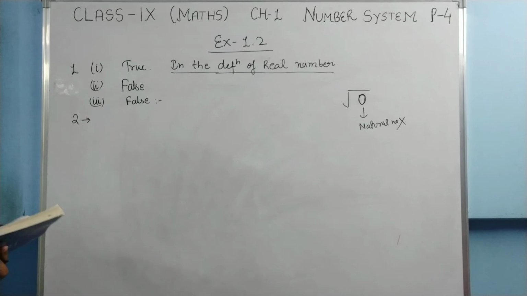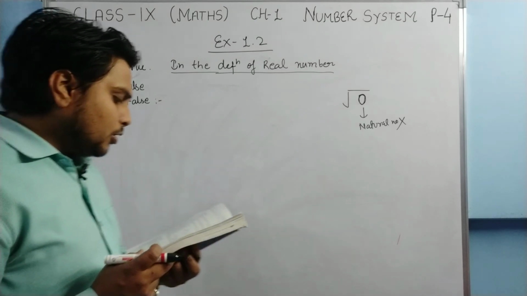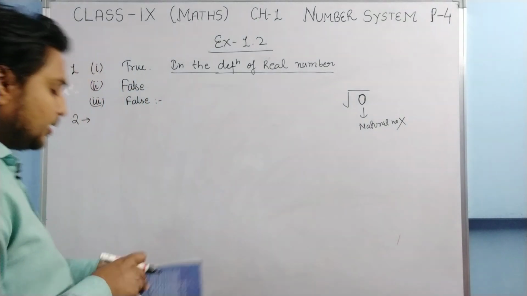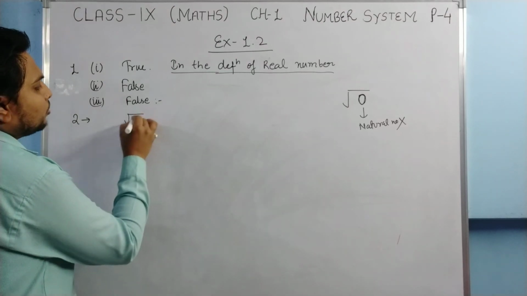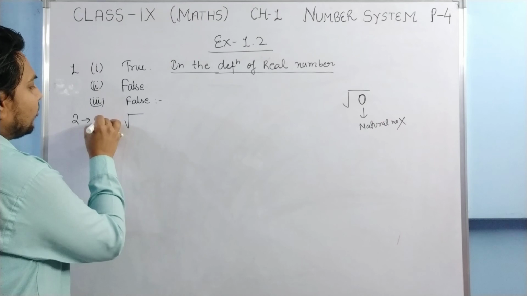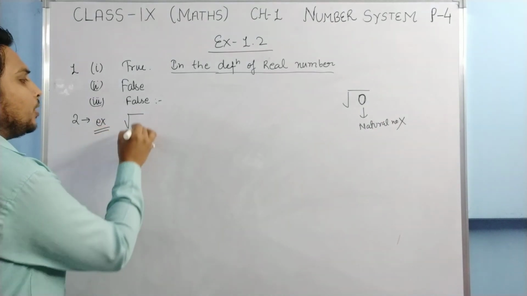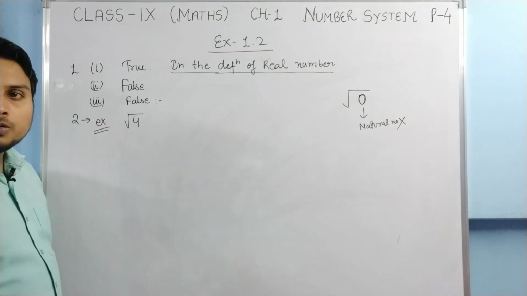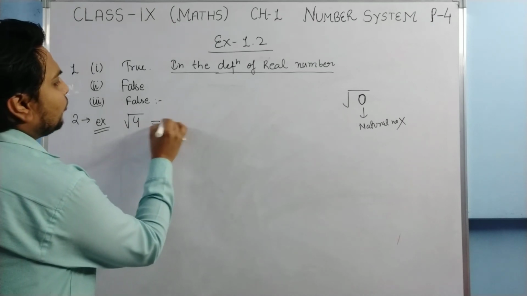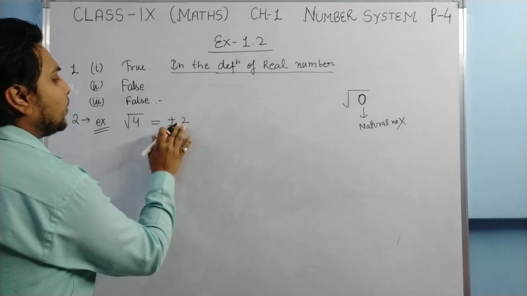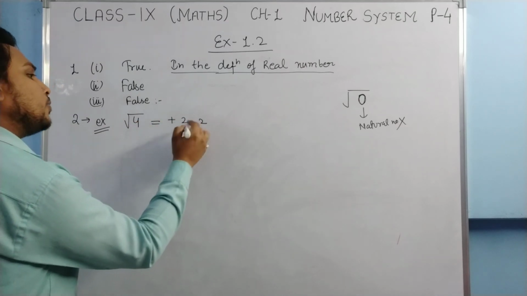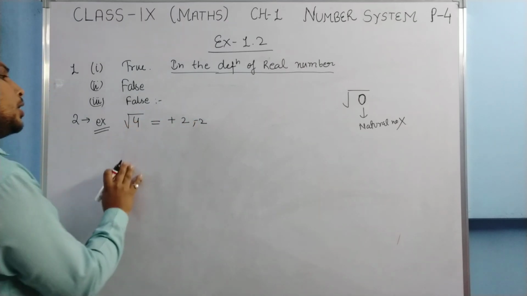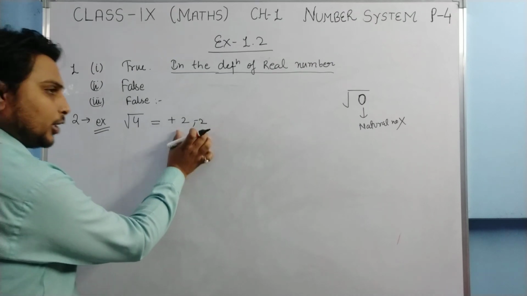So if you see the example of under root 4, the value of under root 4 is plus minus 2. Plus minus 2 means the square of plus 2 is 4, and the square of minus 2 is also 4. So is it an irrational number?